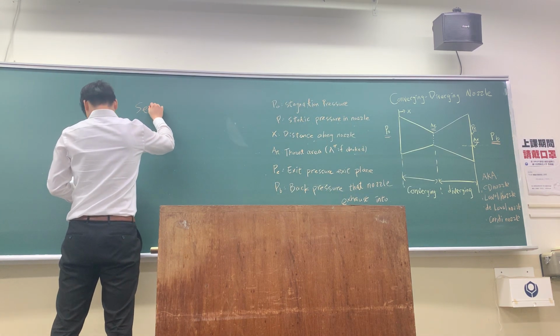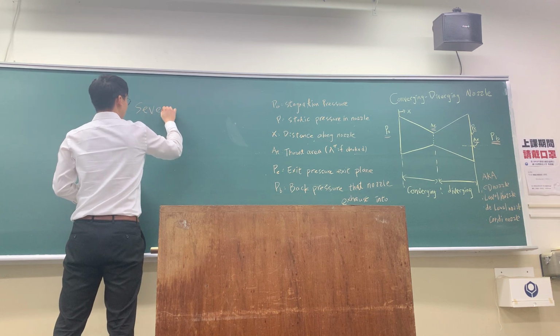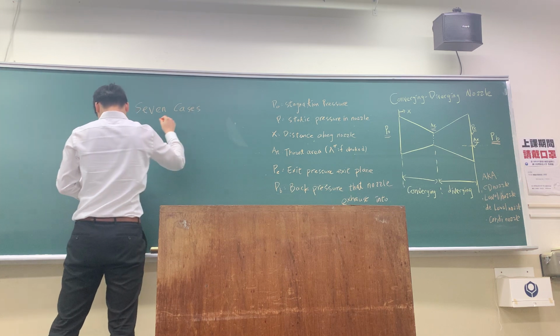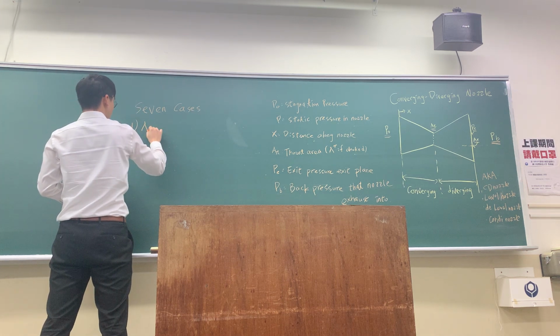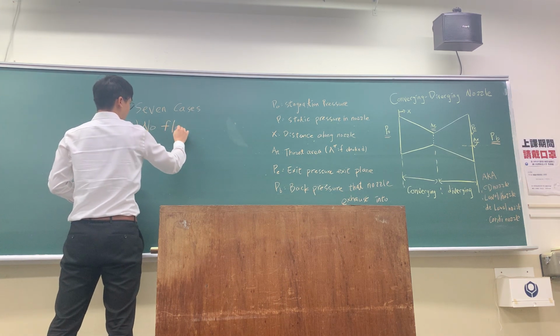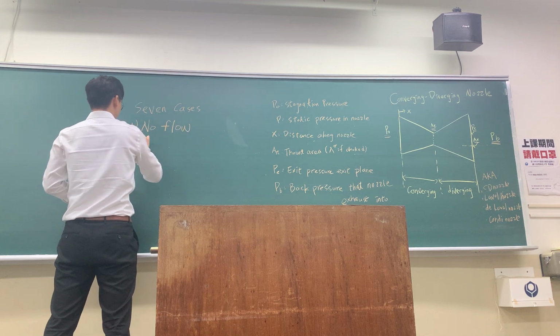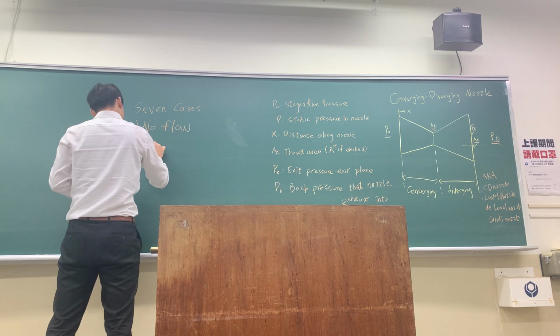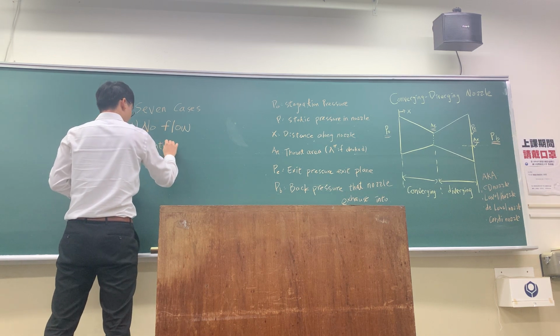So there are 7 cases where you design a cold spray nozzle. First is no flow. Alright, each of these cases we'll talk about. Second is isentropic.